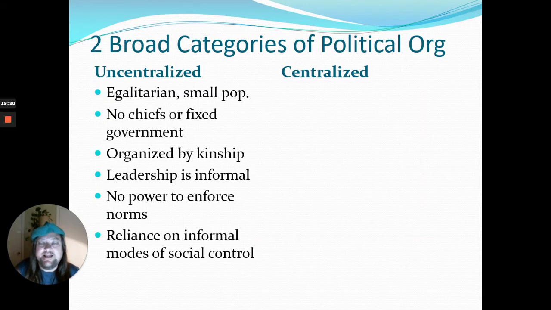So there's more reliance here on informal modes of social control. What that means, when we talk about formal versus informal, is that in these small societies you don't necessarily need laws that are written down. It's more norms that people have and teach to every generation.